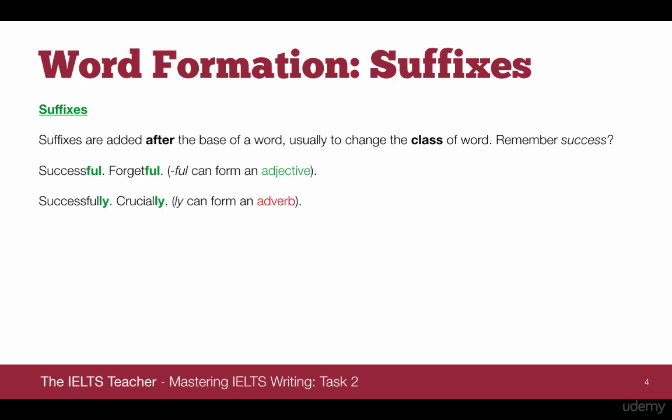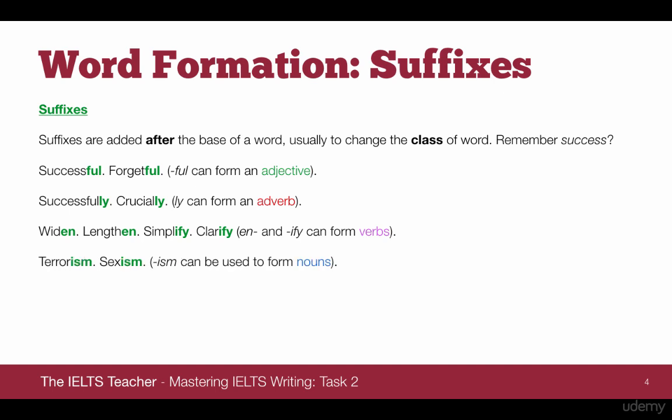Successfully, crucially. Ly can form an adverb from an adjective. Widen, lengthen, simplify, clarify. So en and ify can form verbs. Whereas terrorism, sexism, ism can often be used to form nouns.